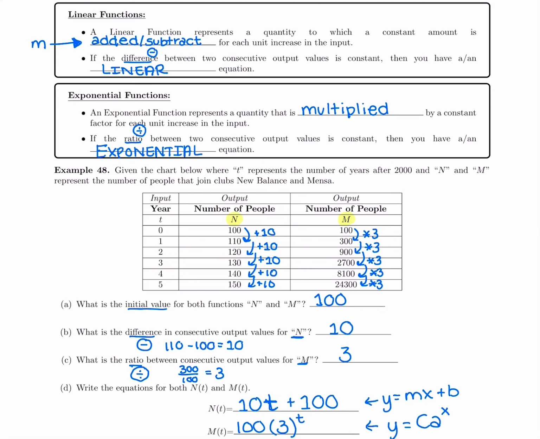If you're not sure if you did it right, again, plug in a random point. You could plug in 4 to this function, 100 times 3 raised to the 4th, and you should get out that 8100 that you were supposed to, so you know you modeled it correctly. So addition means write a linear equation, y equals mx plus b. If you have multiplication, you're going to write an exponential function, y equals c times a to the x.